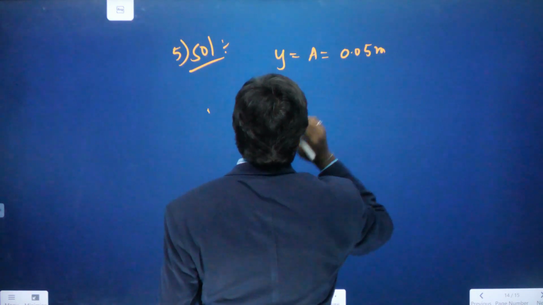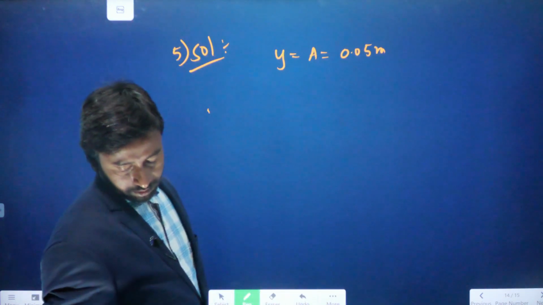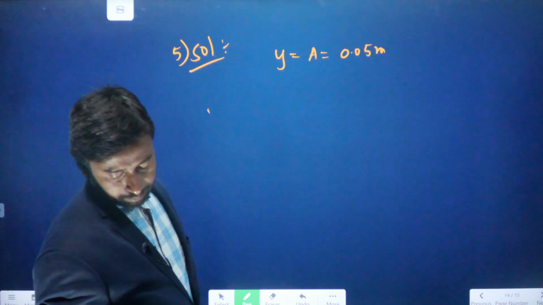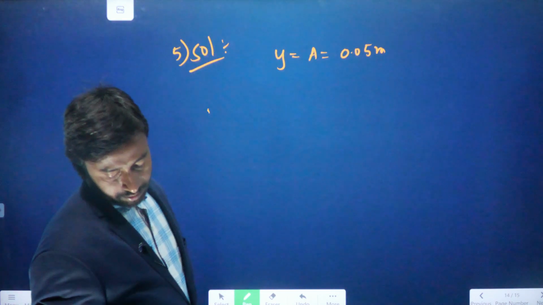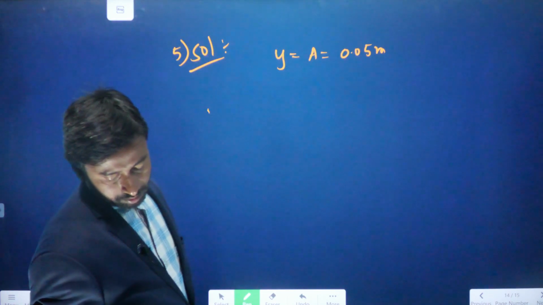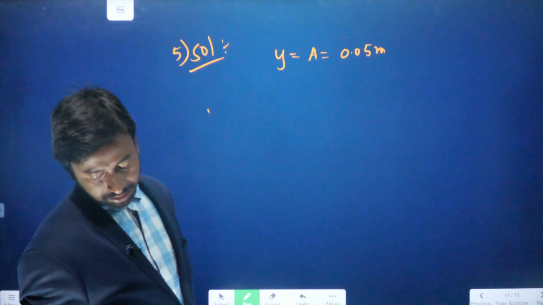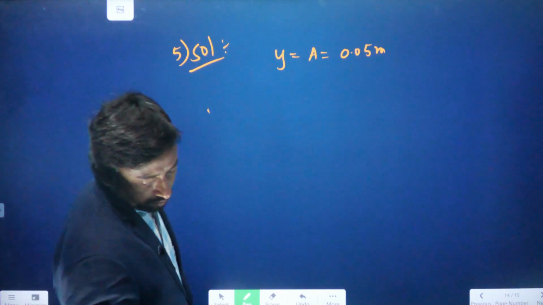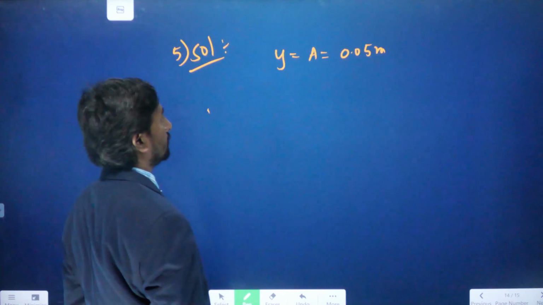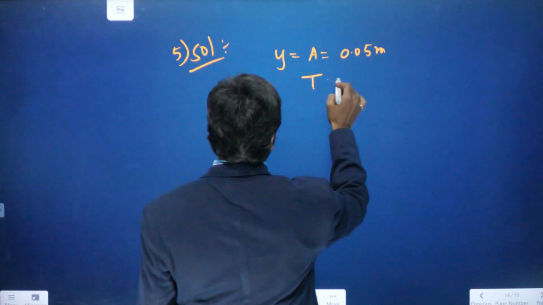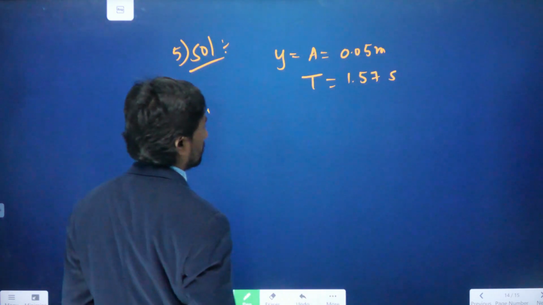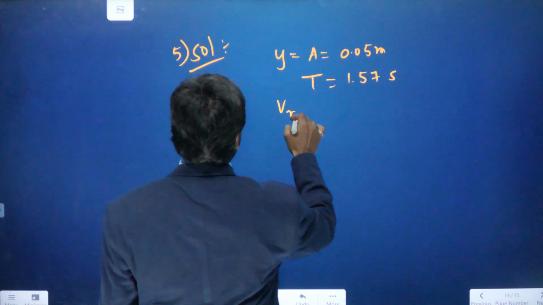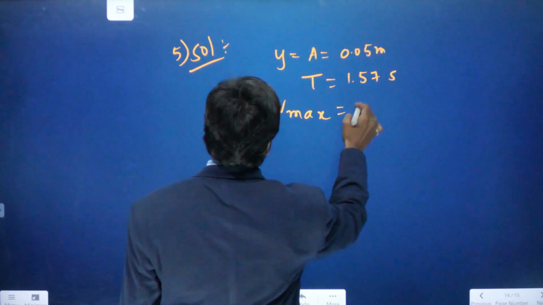Okay, that is the time period here, 1.57 seconds. We need to find the velocity at the mean position and the acceleration at the extreme position. They are asking for the maximum velocity, that is A omega.